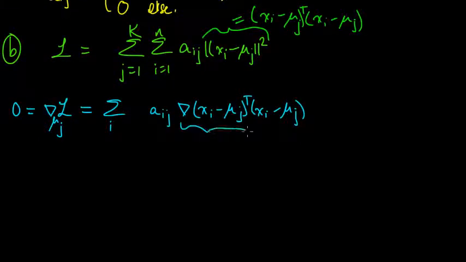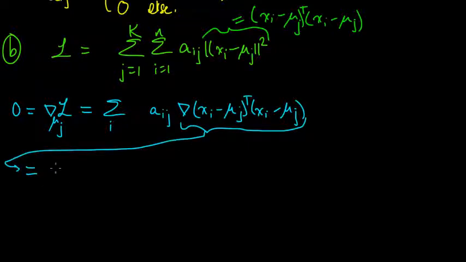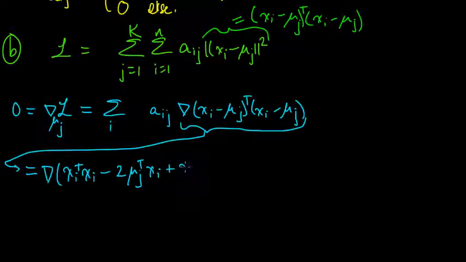And let's take a closer look at this expression here. Let's expand it out. We have the gradient of x_i transpose x_i minus 2 times mu_j transpose x_i plus mu_j transpose mu_j. If we move the gradient through, the first part doesn't depend on mu_j at all, so this is 0.